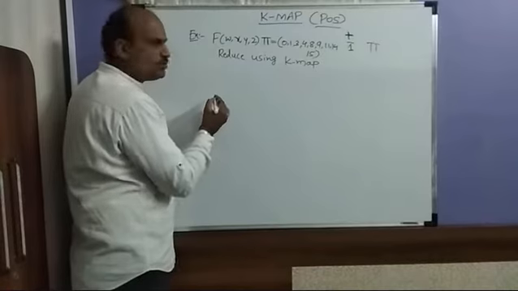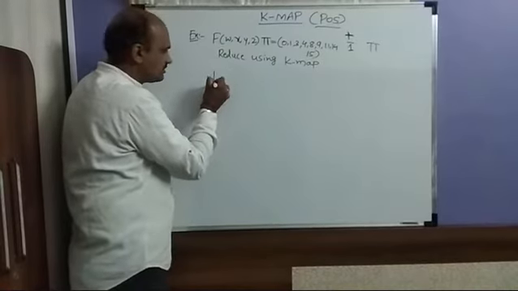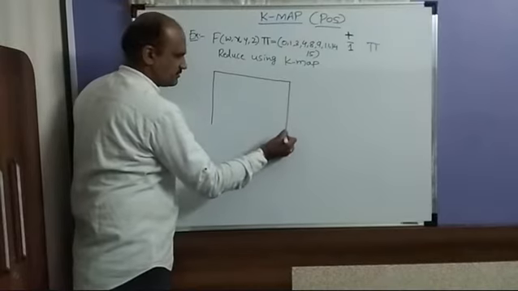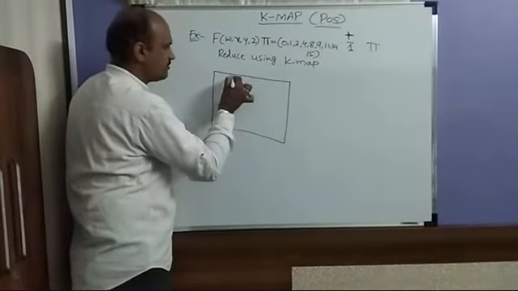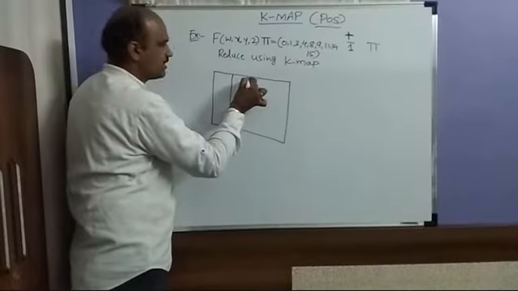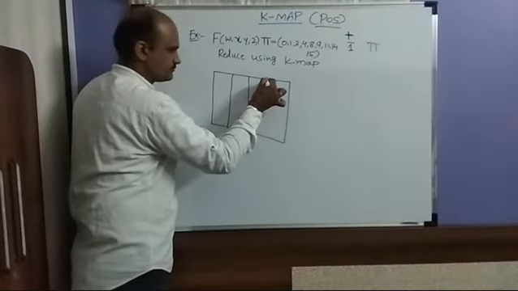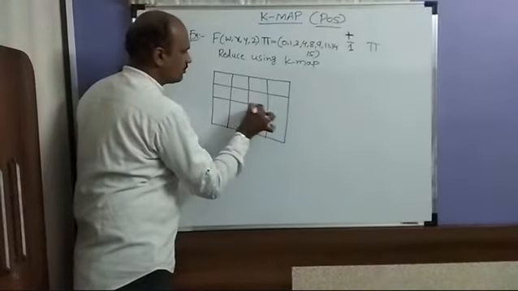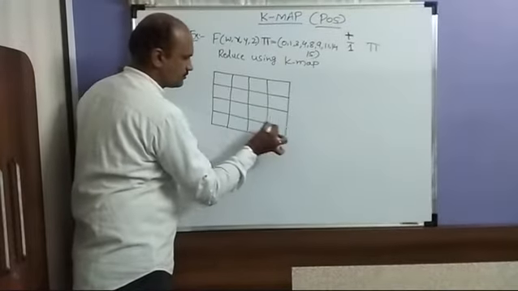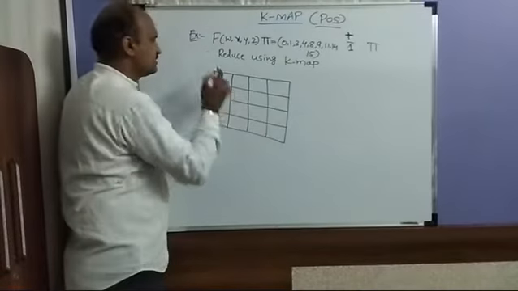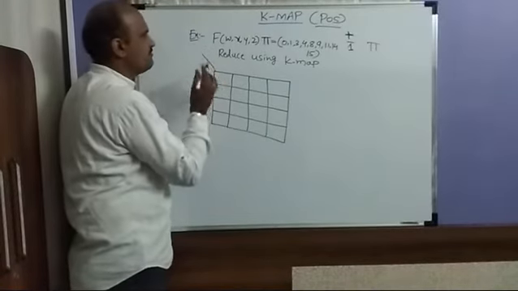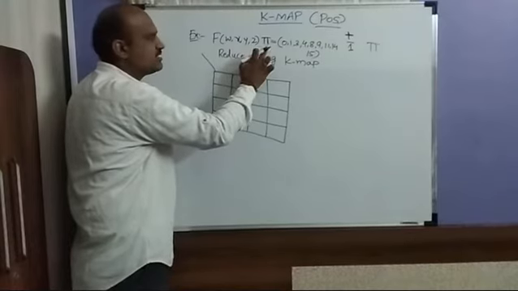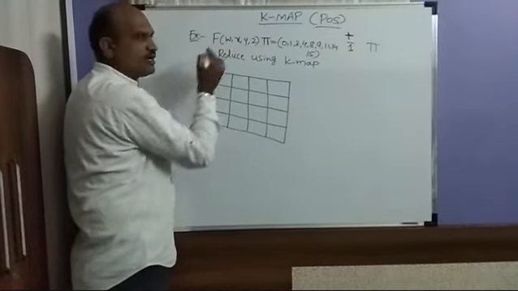Now as I told you, first again we should draw the K-map. We should draw the K-map with 4 columns and 4 rows. Here again it is the same, but here we have written pi, not summation. So w x y z is there.